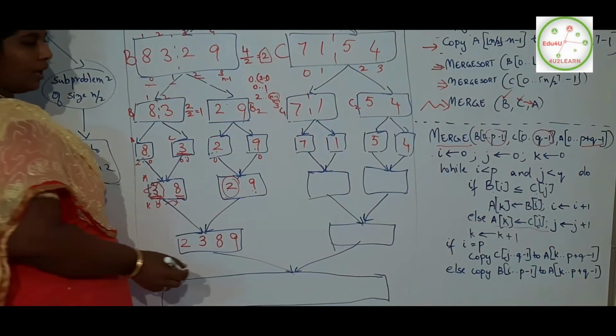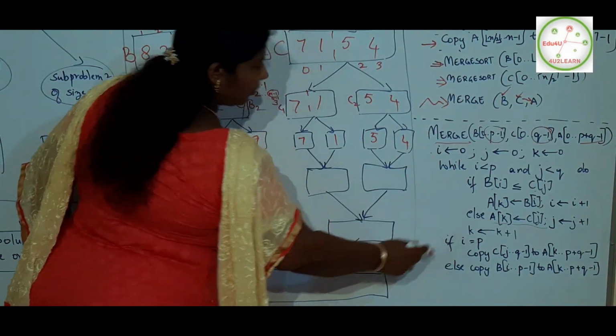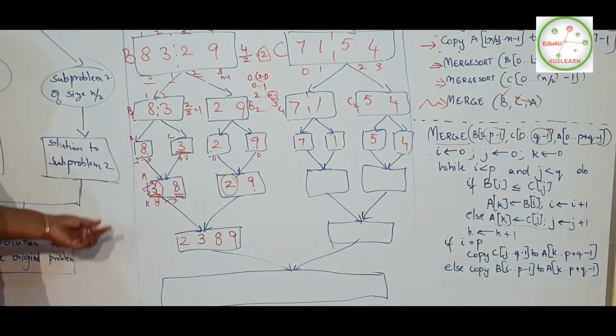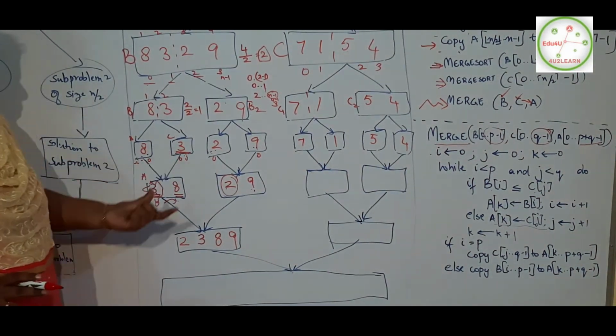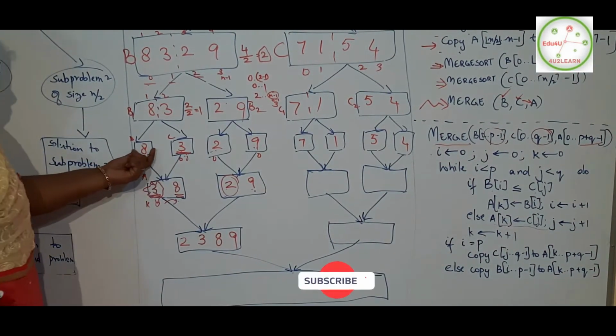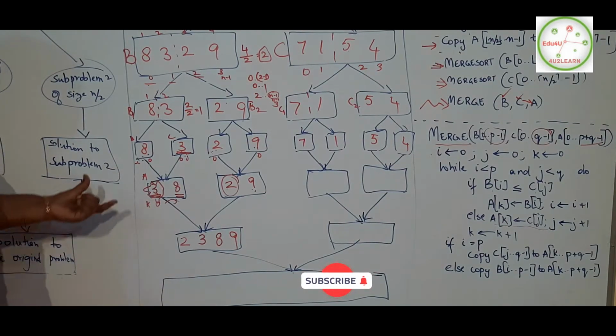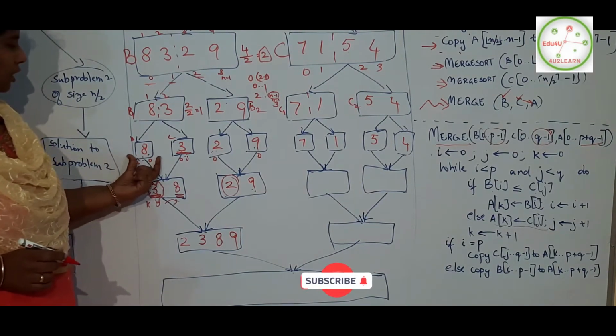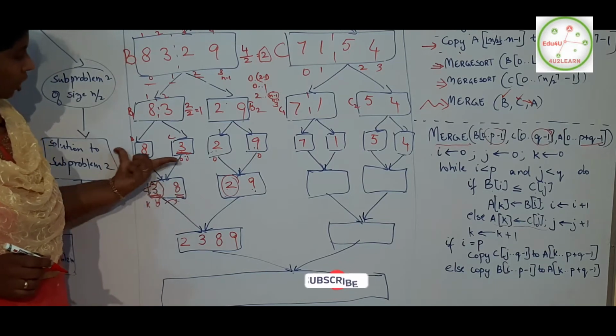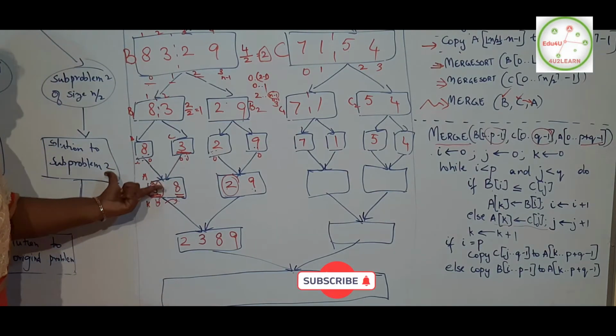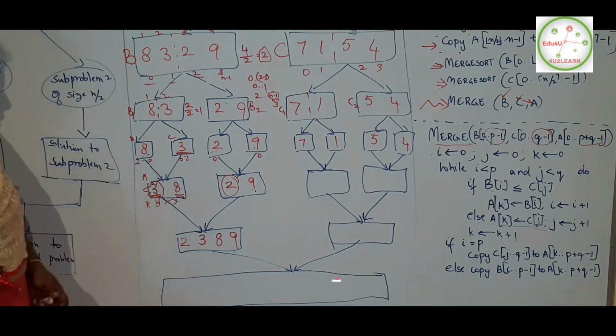Now you find that all the elements in the C block have been used up and only B elements are available, so we transfer all the remaining elements into the array.